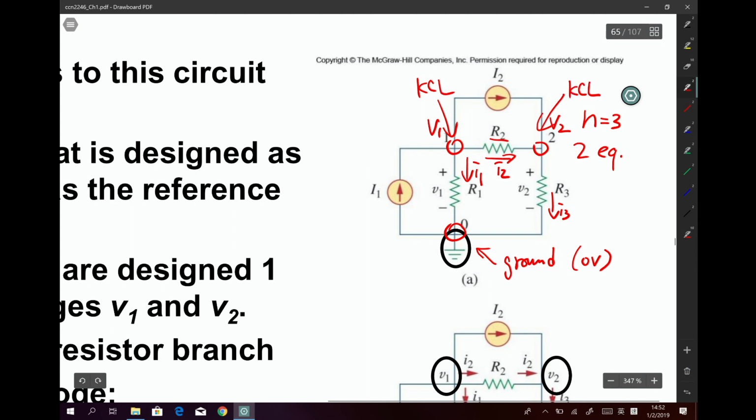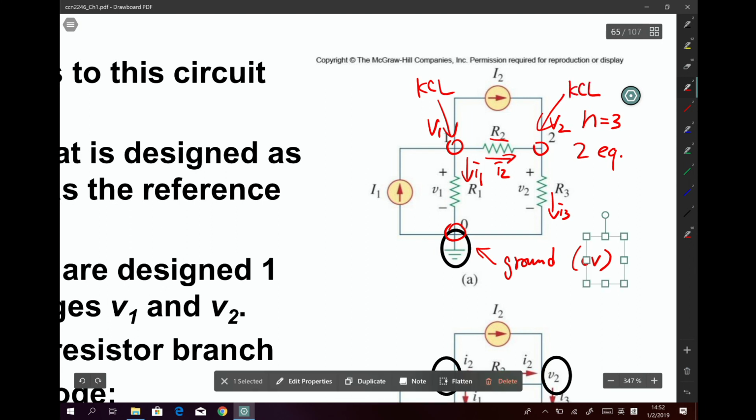Now after you do that, you apply the KCL to each non-reference loop. Okay, so let me use IA, IB, and IC because it should be much clearer. Now for KCL at loop 1, I1 is entering, I2, IA, IB are leaving.